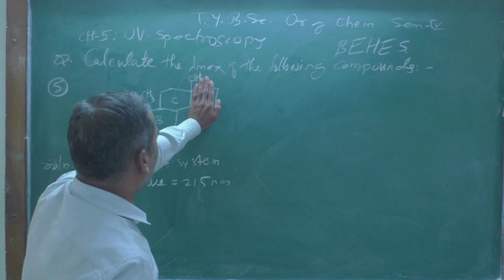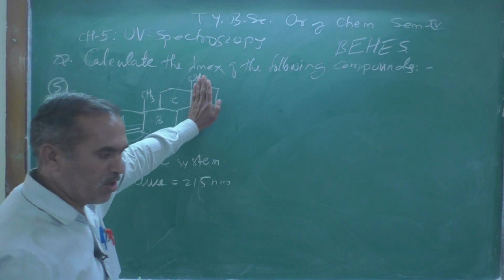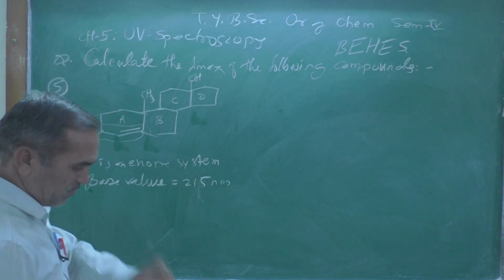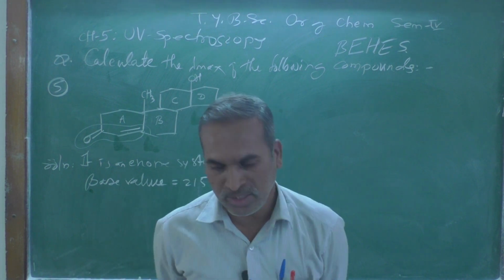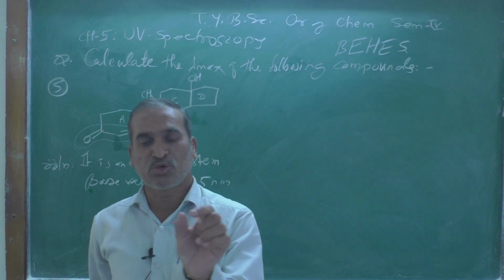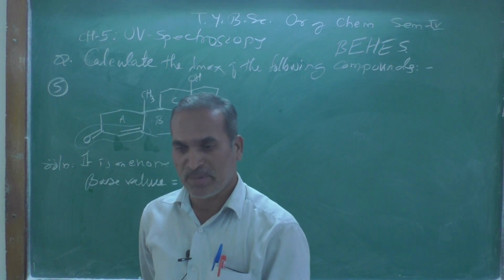If you put your hand on D, you won't observe any double bond outside the ring. So in this way, we have identified the exocyclic double bond in this particular compound.